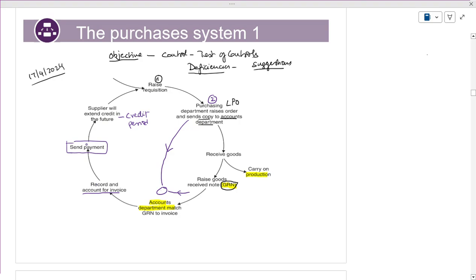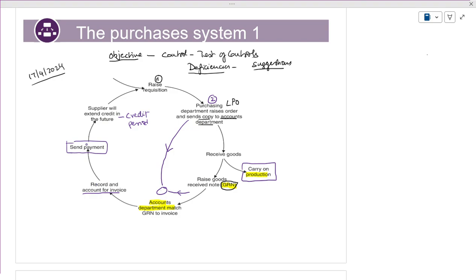Once you have the local purchase order, you will receive the goods. There are two ways. Once you receive the goods, it is related to the inventory, it is related to the production, and you will send it there. But once you are receiving the goods, you will generate a goods received note.